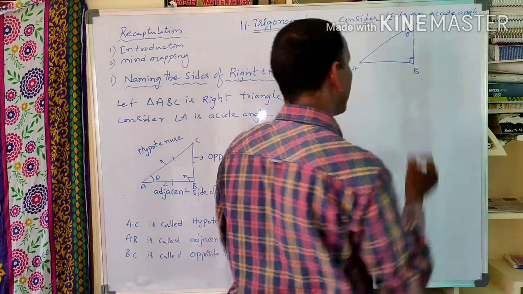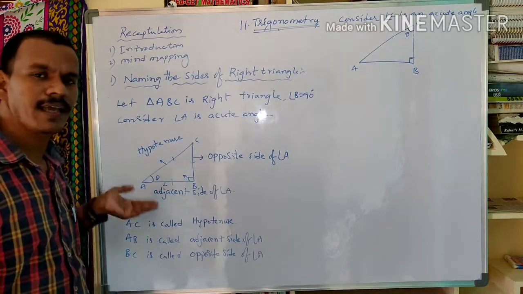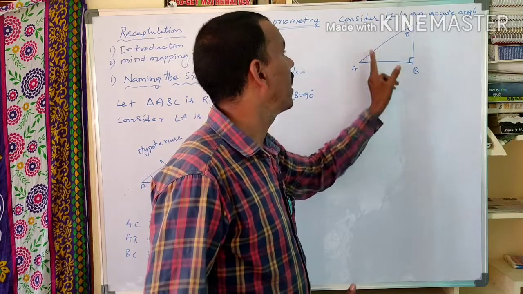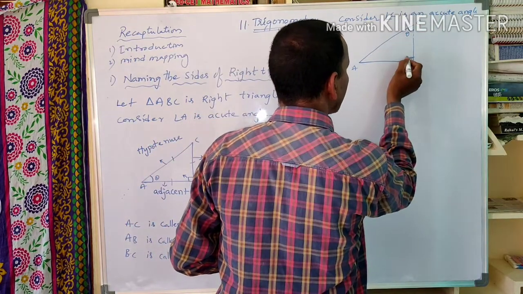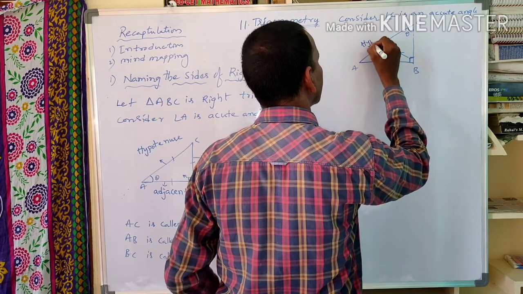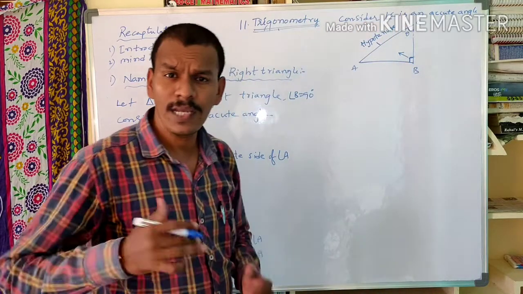The side which is opposite to the right angle is called the hypotenuse.